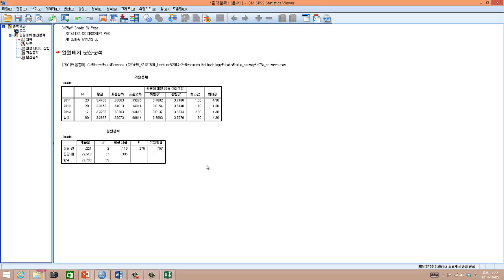All right, let's see the result. It should be the same as we have seen in Excel, and here also the sum of squares, degrees of freedom, and the mean of sum of squares.